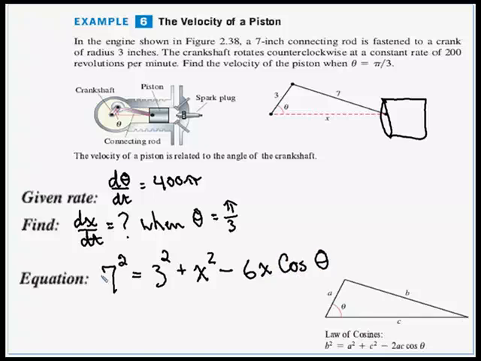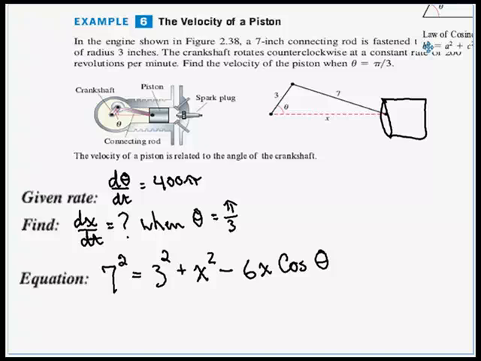Let me make sure I got that right. 7 squared equals 3 squared plus x squared minus 6x cos theta. Yep, that's it. So there's our equation.